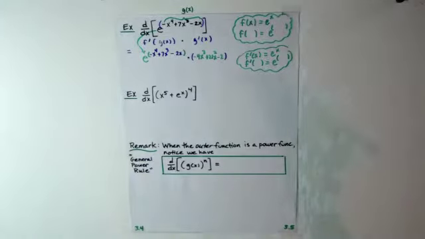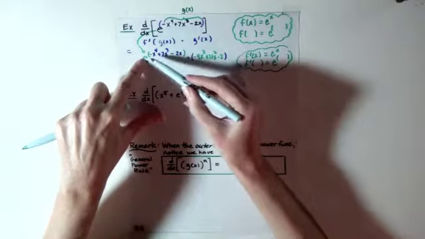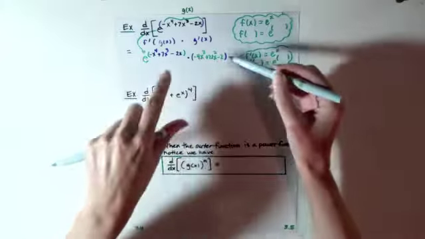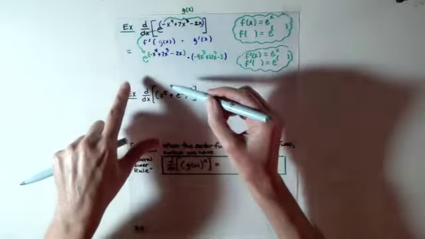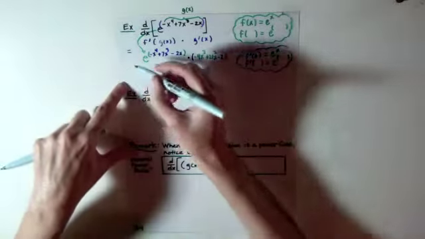And now we're essentially done, except maybe cleaning it up and making it look a little bit nicer. But I've done derivative of the outer, evaluated at the inner, times derivative of the inner. Again, usually polynomial factors are written first, and exponential or trig factors are written second.